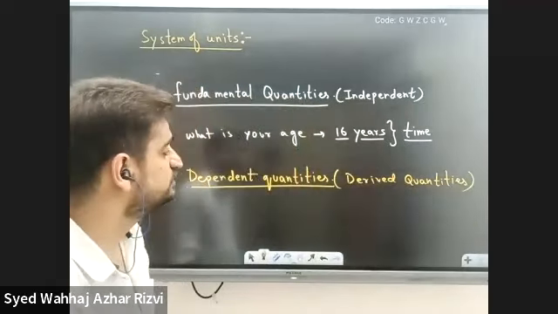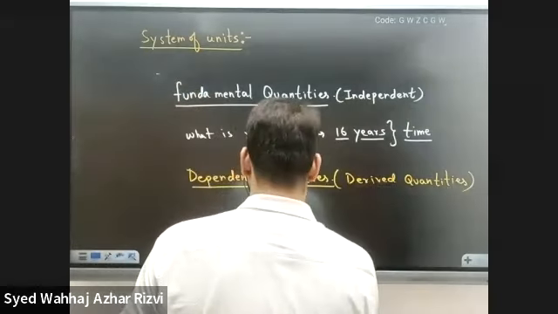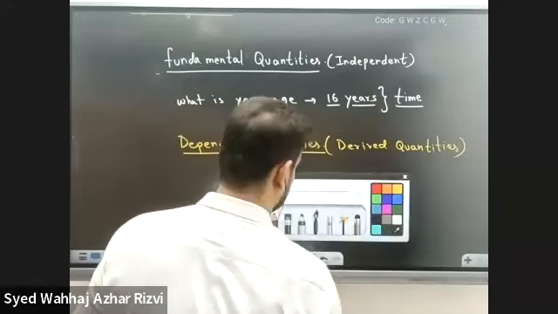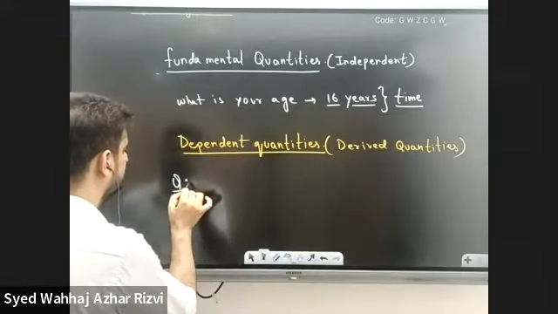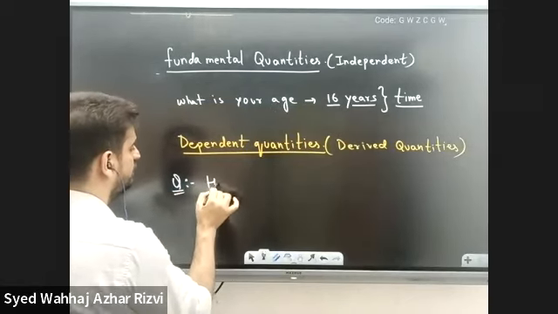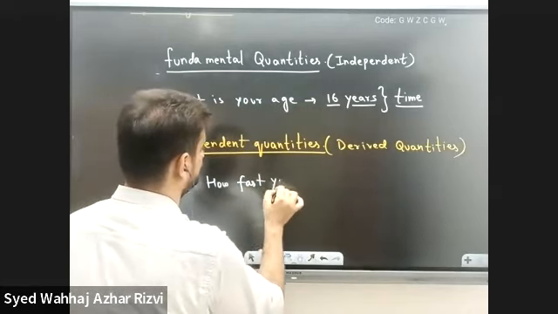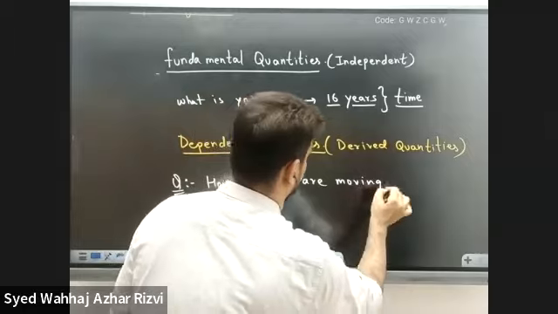Derived quantities are those quantities which depend on some other quantity. Let's say we ask you the question, how fast you are moving? You are going in a car and I ask you how fast you are moving.